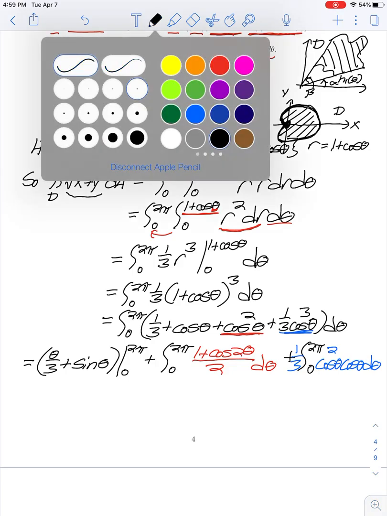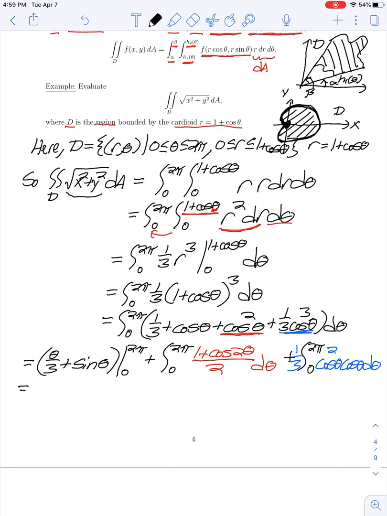So this first term, if we evaluate at 0 and 2 pi, gives us 2 pi over 3 plus sine of 2 pi, which is 0. And then subtracting what we get when we plug in 0, we have 0. So just a 2 pi over 3 for that first term.